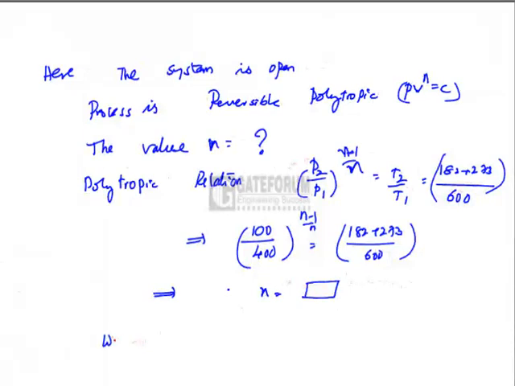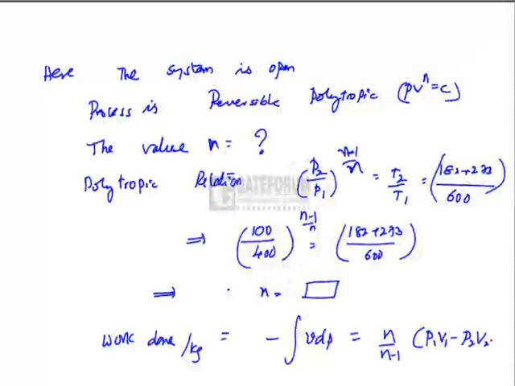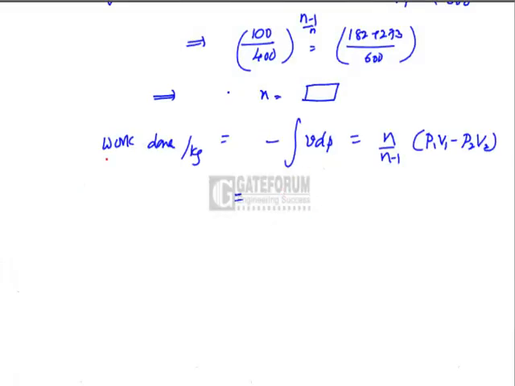Now coming to the work done per kg, the steady flow work or reversible work done by an open system is given as minus integral VdP, which is obtained after integration as n by n minus 1 into P1 V1 minus P2 V2, which can be taken as n by n minus 1 into P1 V1 into 1 minus T2 by T1.